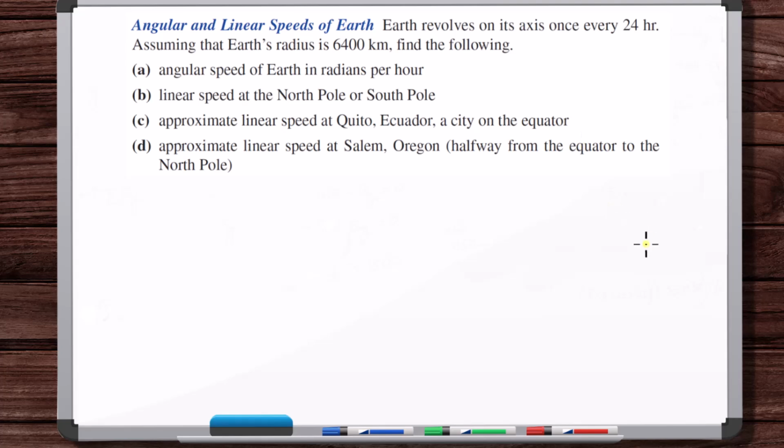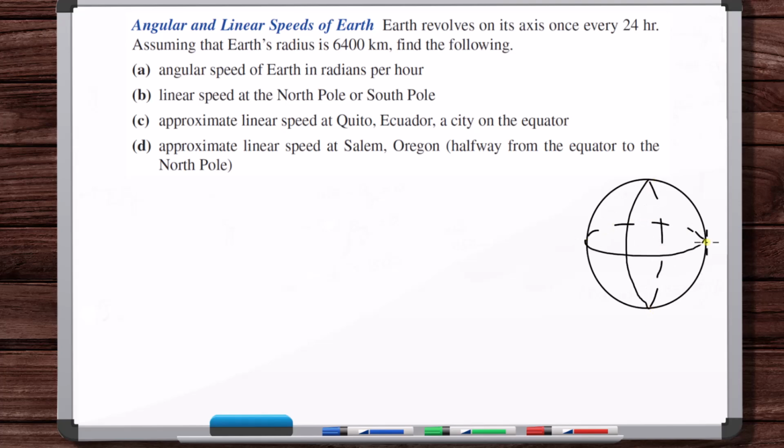So we can think about the Earth as a sphere, and so it's rotating about an axis like this. But we can view the rotation from the perspective of just uniform circular motion.